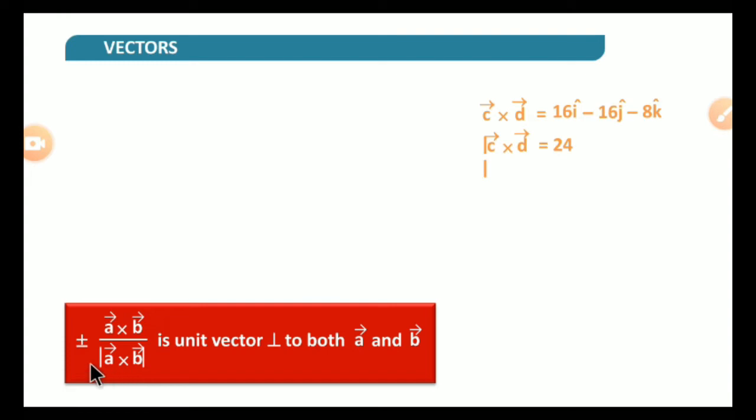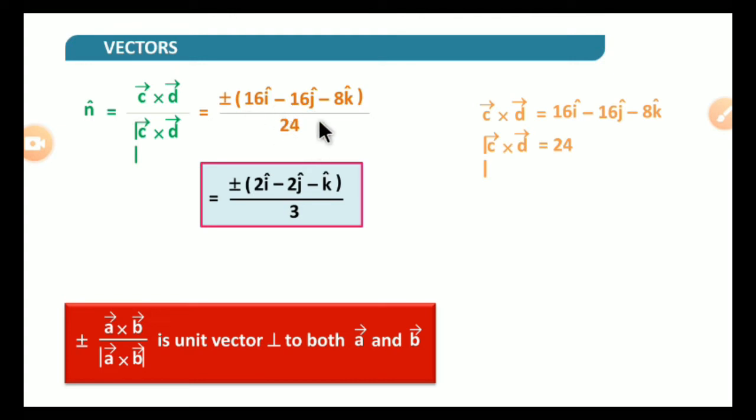So now we have to find the unit vector. We already got the value of C cross D and also the magnitude of C cross D, so now we can find the unit vector by using this formula. Therefore it can be taken as n cap. n cap is the unit vector which is perpendicular to both a plus b and a minus b here. Therefore, n cap is equal to C cross D divided by magnitude of C cross D. So that is equal to plus or minus 16i minus 16j minus 8k, because this is the value of C cross D, divided by that magnitude 24.